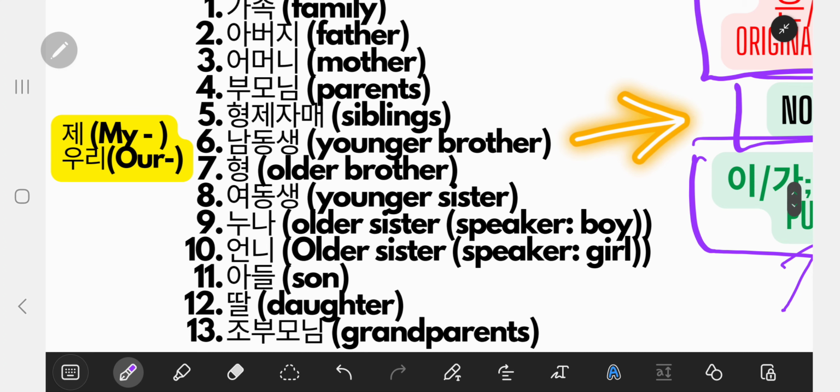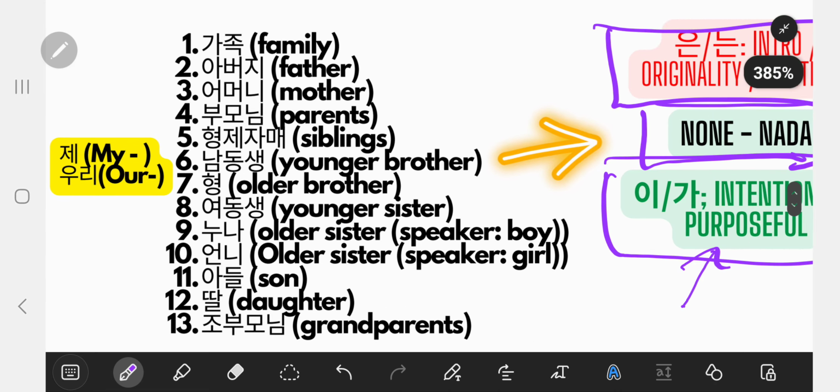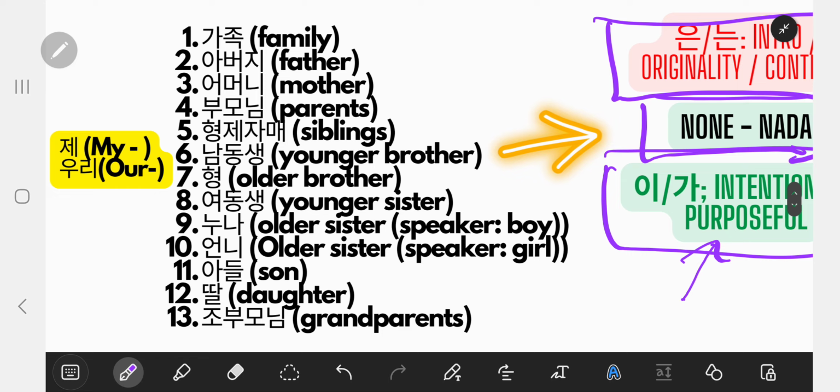If we say 우리, it's much better than saying 제. 제 sounds selfish. We never say something like 제 친구. We usually say 우리 친구가. Perhaps sometimes people say 제 친구, but we say 우리 아버지가, or 우리 어머니가. 우리 아버지 means our father, 어머니 means mother, and so on. 우리 친구 means our friend.